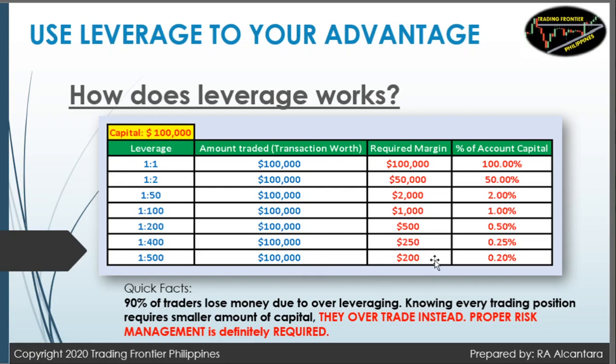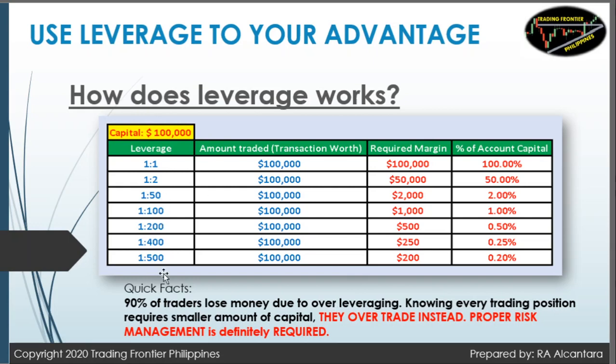But then again, as I've said, leverage is a double-edged sword. Just a quick fact: 90% of traders lose money due to over leveraging. Again, if you don't know how to use leverage properly, you tend to overtrade, knowing every trading position requires a smaller amount of capital.